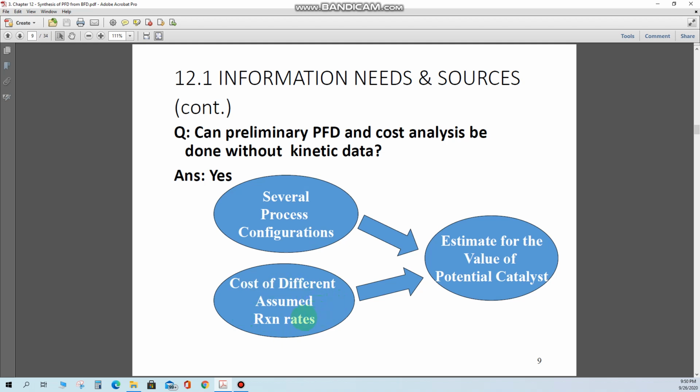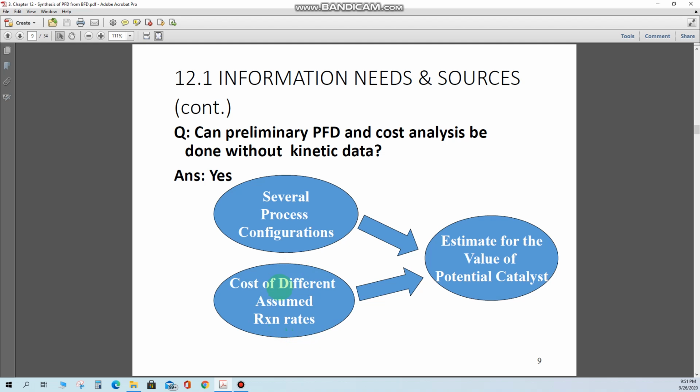Now, when you calculated the profit margins for any process, what did you see there? That you have the main reaction and you have the information on the side reactions. With that information on the main reaction and the side reactions, you can have information on the products and the undesired products. If you have that information, then you can estimate the value of the potential catalyst.